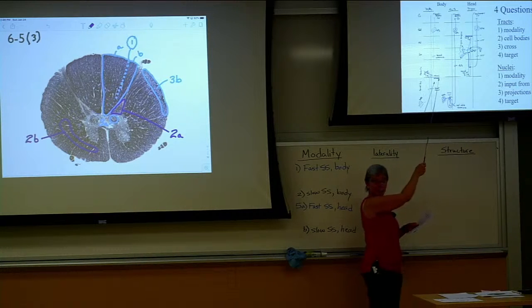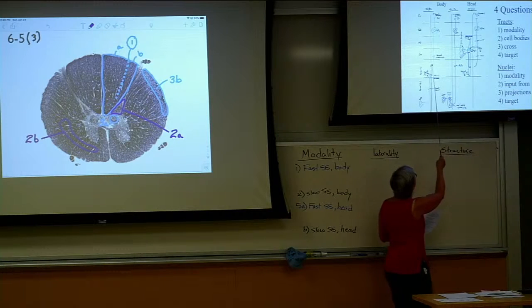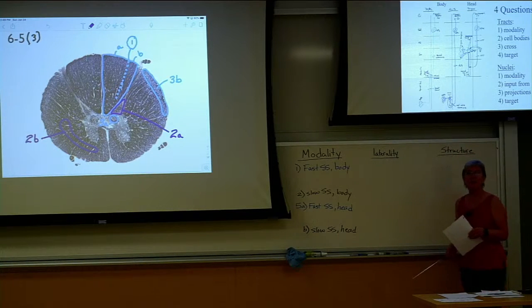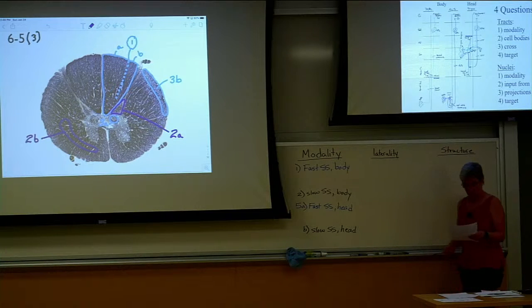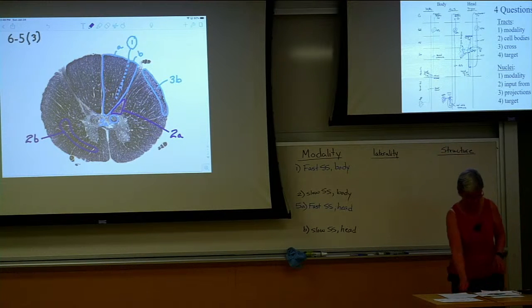This higher order neuron will then send its axon, in this case immediately across the midline, and ascend in another tract to a thalamic relay nucleus. And then that higher order neuron in the thalamus is going to send its axon up through the primary cortex for that particular sensation. So review that general pathway that we already went over.